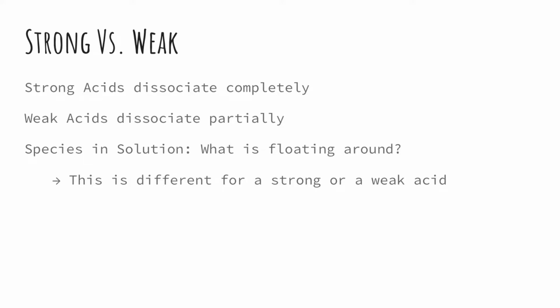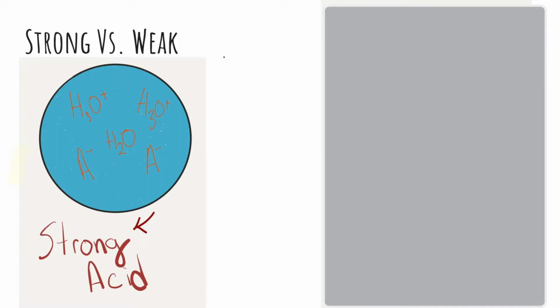The difference for us between a strong acid and a weak acid is what species are actually in the solution. What's going to be in my solution if I add a strong acid is going to look different than if I have a weak acid. When we look at a strong acid, we're going to use the generic form, well, for strong and weak acid, of HA. The H being the acidic hydrogen and the A standing for the conjugate base that is produced there.